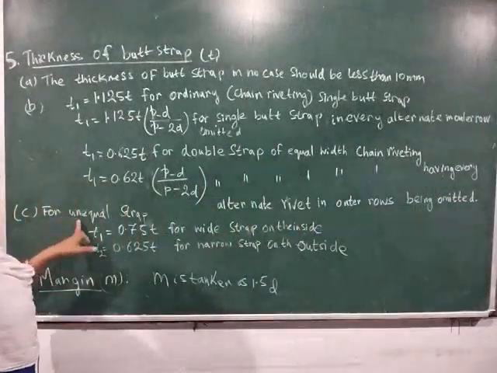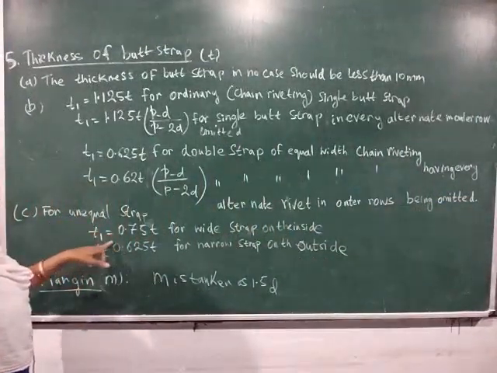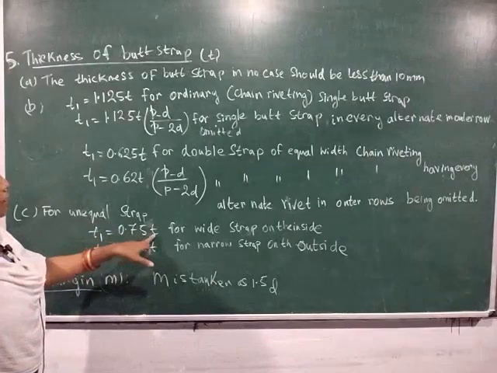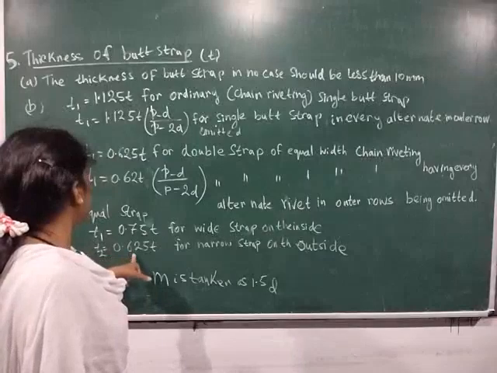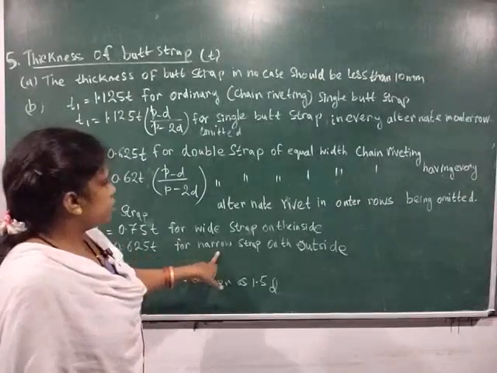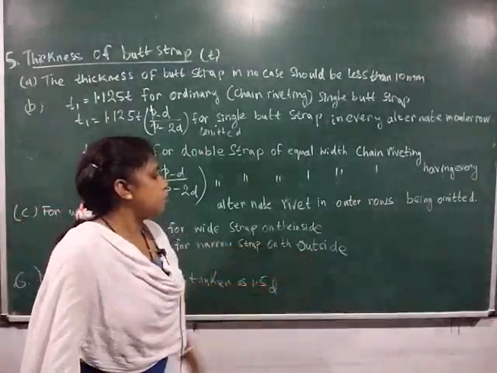Next, for unequal strap, T1 is equal to 0.75 T for wide strap in the inside, and T1 is equal to 0.65 T for narrow strap in the outside.